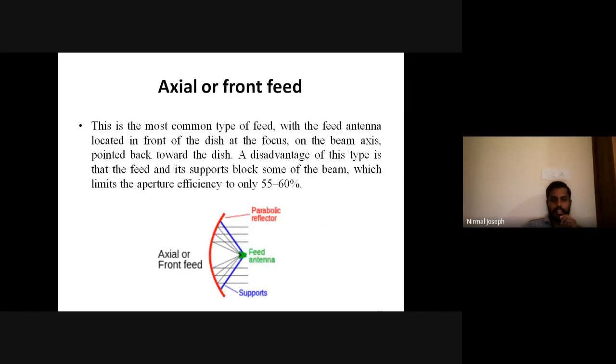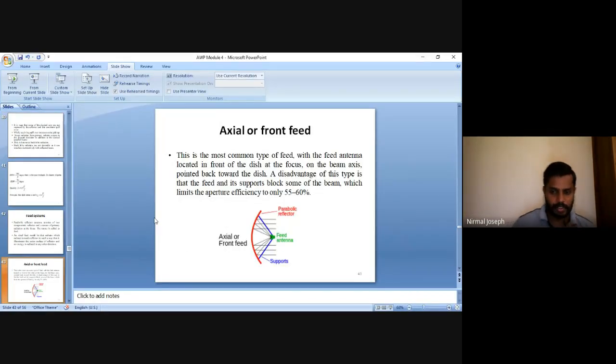First one is axial or front feed. Axial or front feed system. As the name suggests, this is the most common type of feed, with the feed antenna located in front of the dish at the focus on the beam axis itself. This we have just discussed.